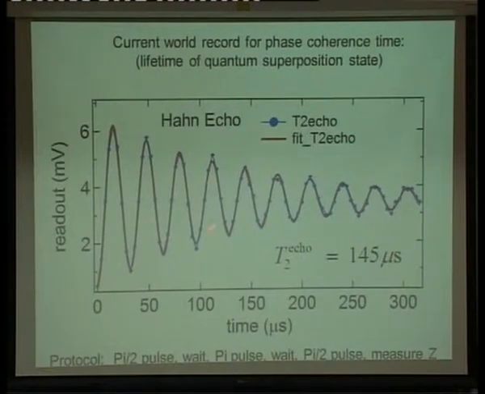And ignore the oscillations. That's just a particular way of doing the experiment. But the envelope decay gives you this T2 time, and this is a particular version, T2 echo, which is 145 microseconds, which is probably the current world record for superconducting qubits.